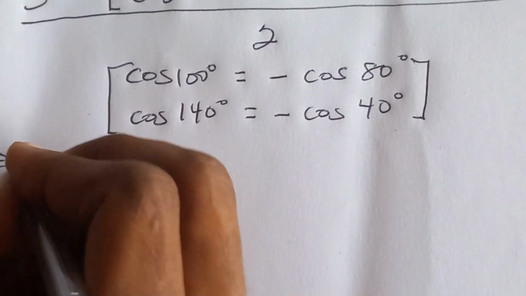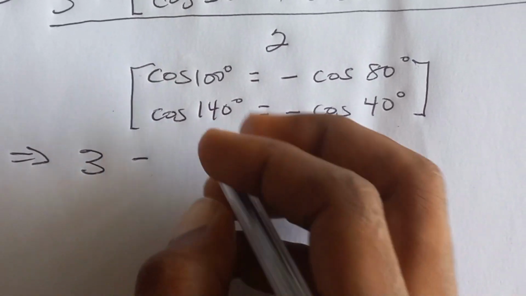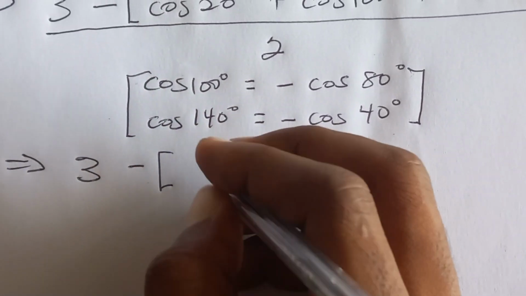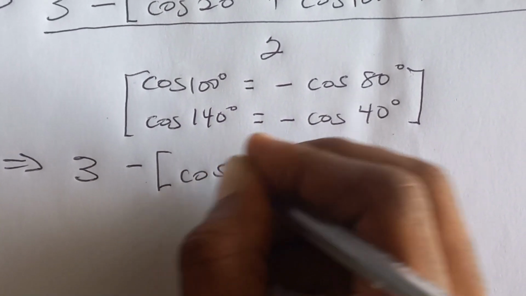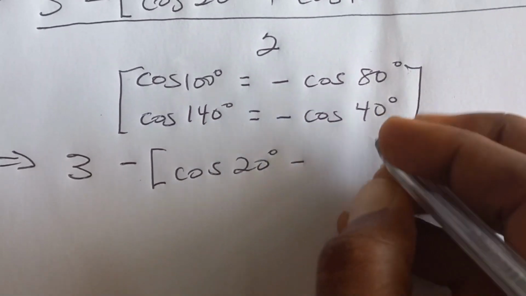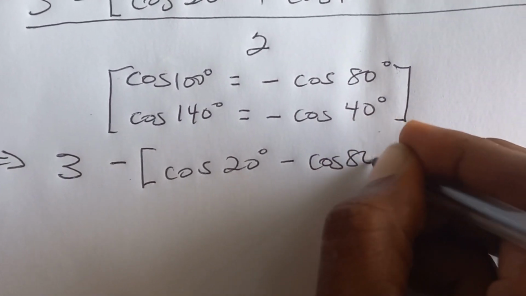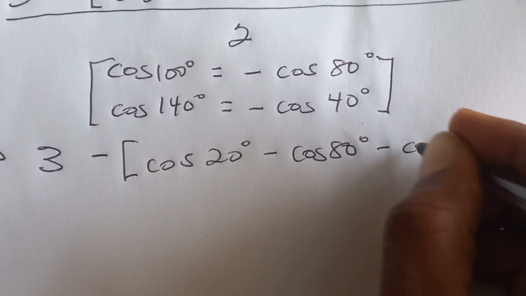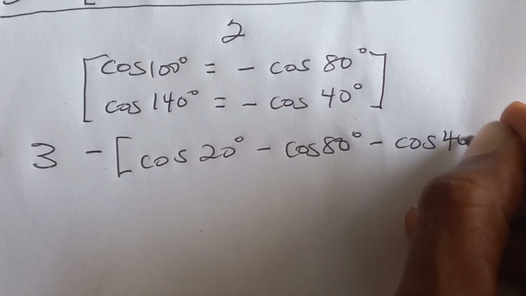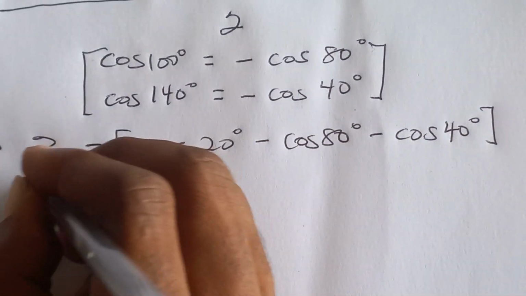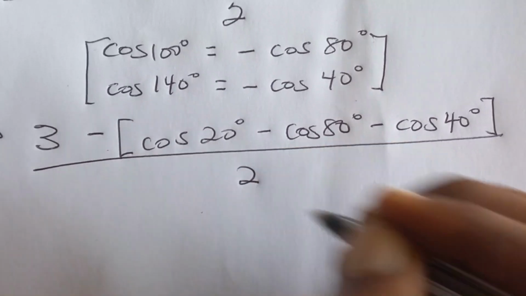So we are going to get 3 minus, into bracket, cos 20 degrees minus cos 80 degrees minus cos 40 degrees, all on 2.